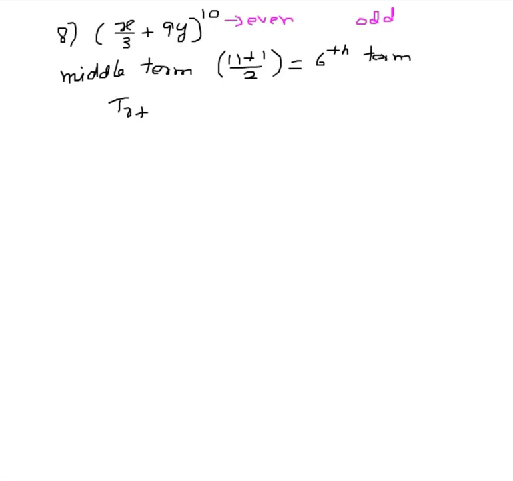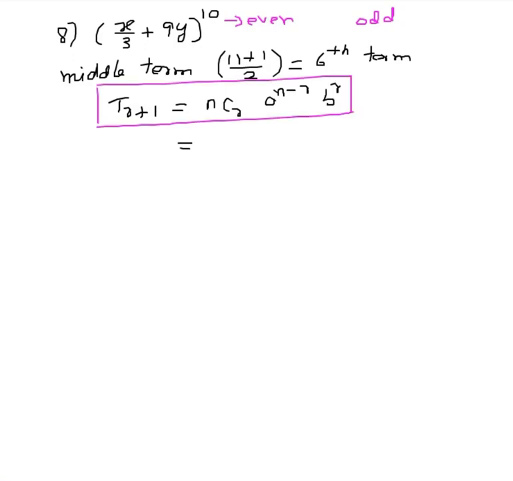Let us write the general term formula, which is NCR, a raised to n minus r and b raised to r. Let us substitute for n, a and b. N is 10, a is x over 3 and b is 9y.